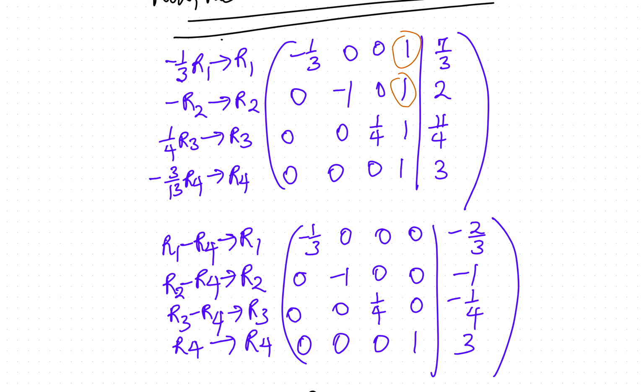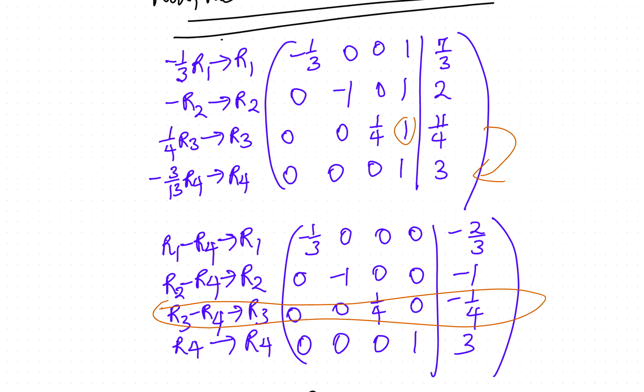Now, for row 3, we need this to be 0. So the new row 3, we get that by subtracting row 4 from it. So the old row 3 minus the old row 4: 0 minus 0, 0, 0 minus 0, 0, 1 over 4 minus 0, 1 over 4, 1 minus 1, 0.